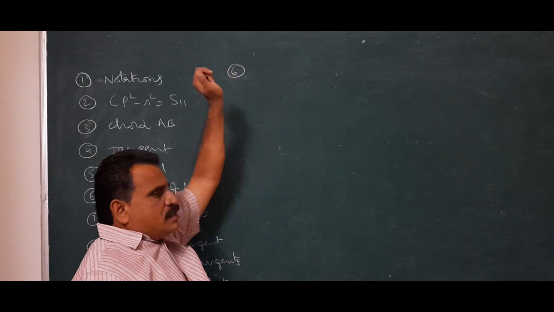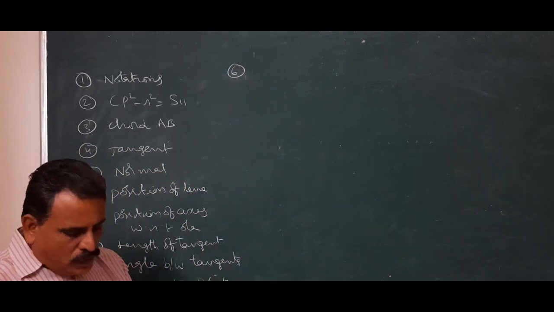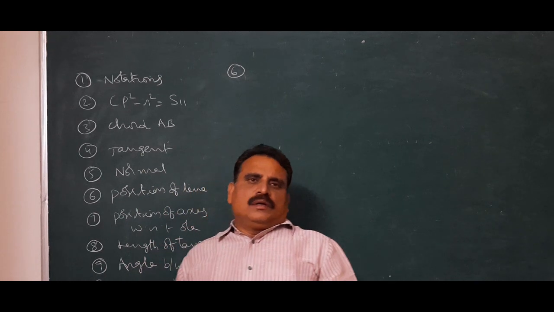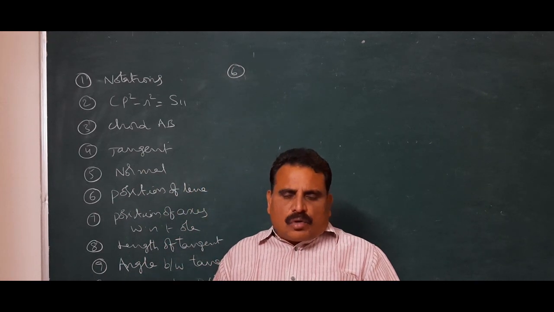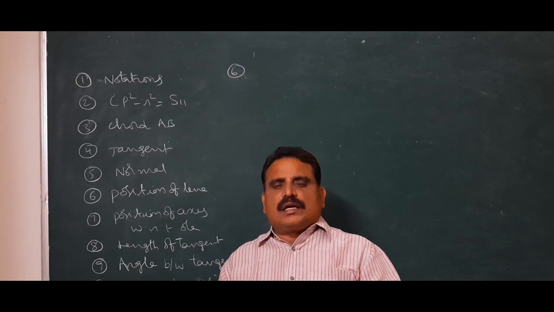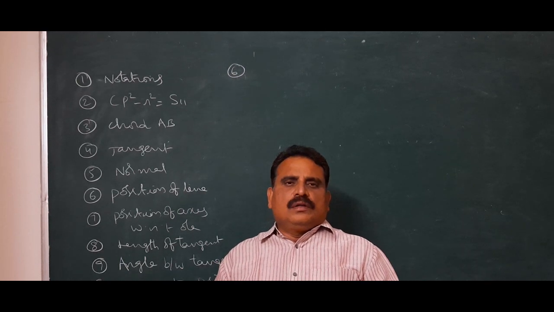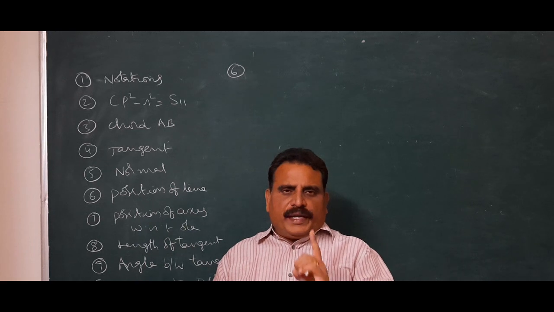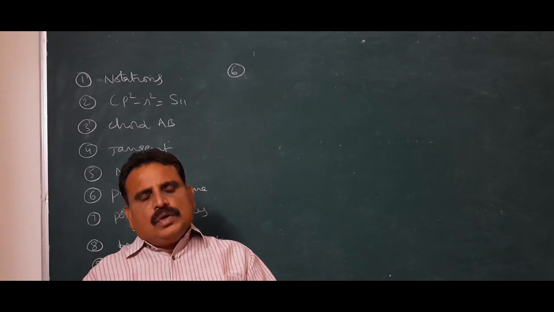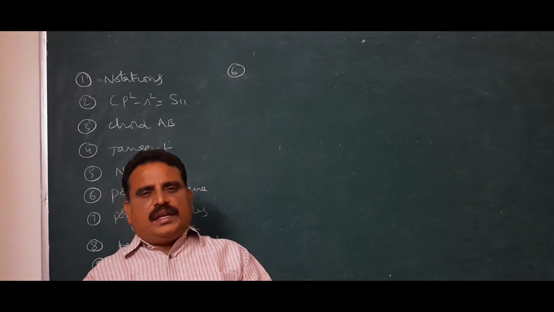Now we discuss the position of the line with respect to the circle. It is a very important point, not only in circles but also in conic sections. For the position of a line with respect to a curve, we take the y value from the line and substitute it in the curve. We get a quadratic equation in x.